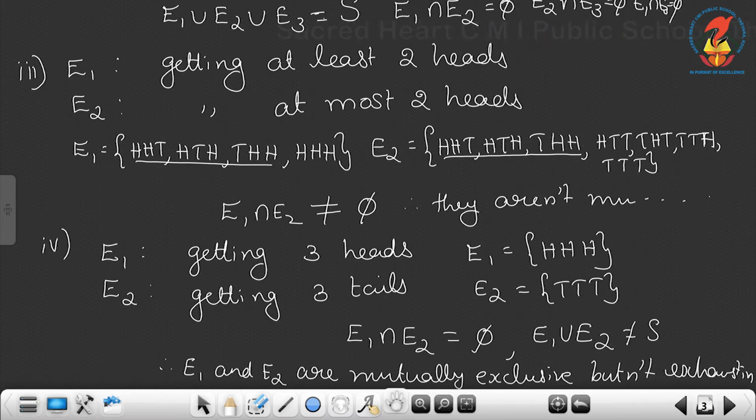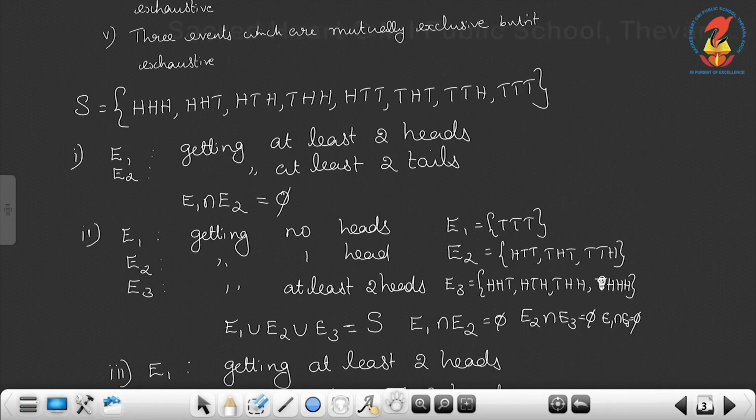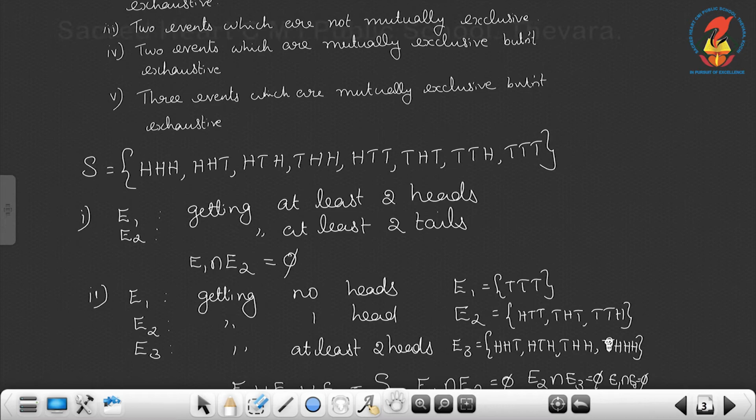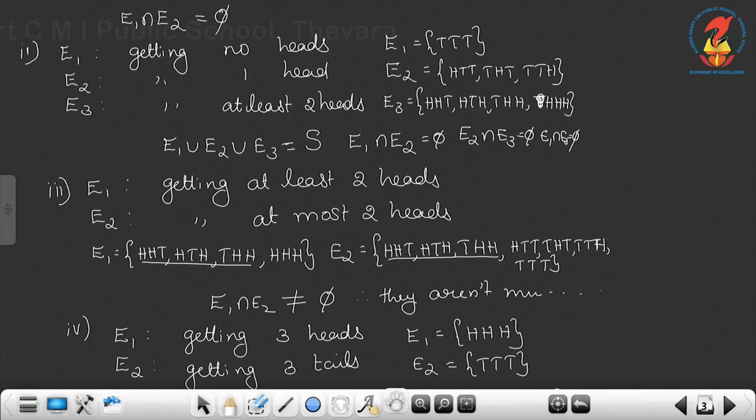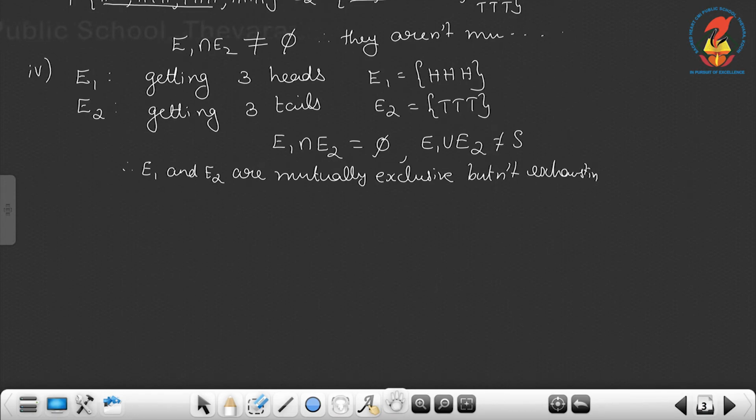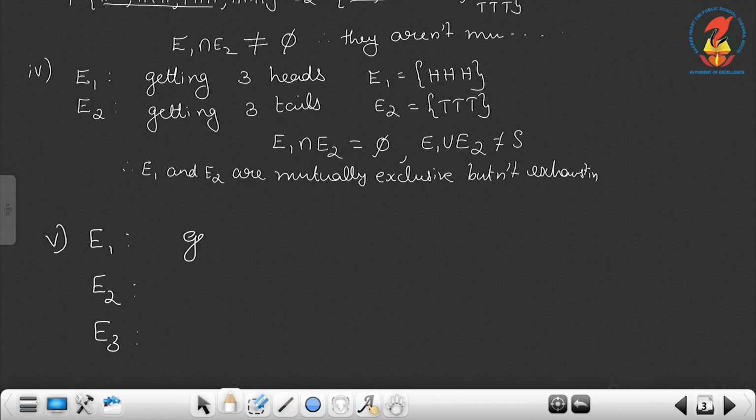Now one more, that is the last one, 3 events. We have to define 3 events which are mutually exclusive but not exhaustive. So 3 events you have to take which are mutually exclusive but not exhaustive. E1, E2, E3. So E1 be the event getting no heads, okay, as in the third subdivision, isn't it?